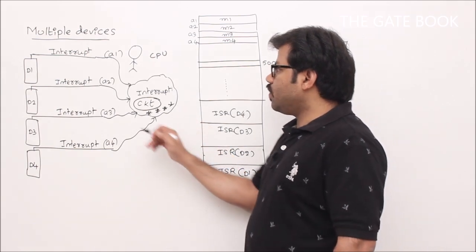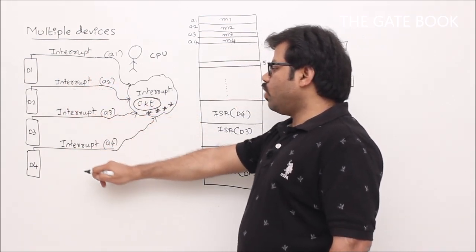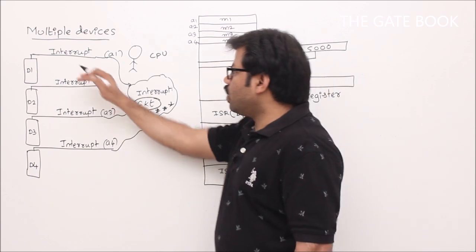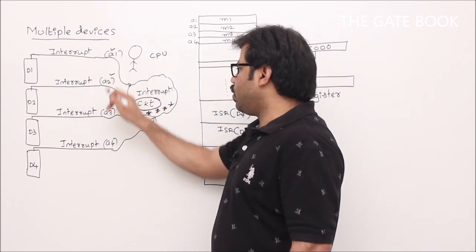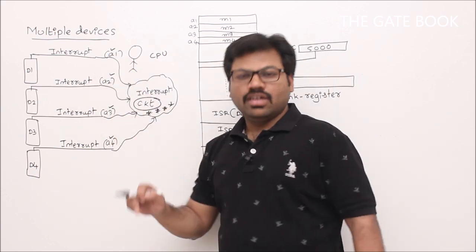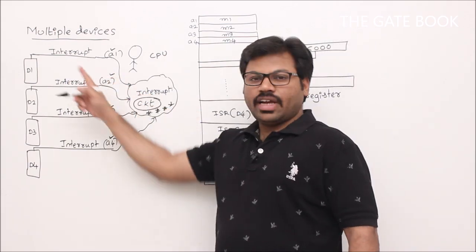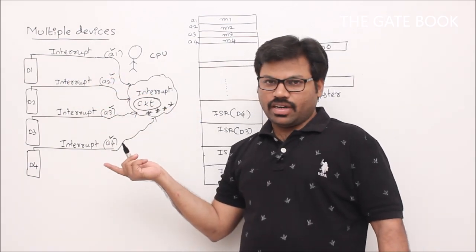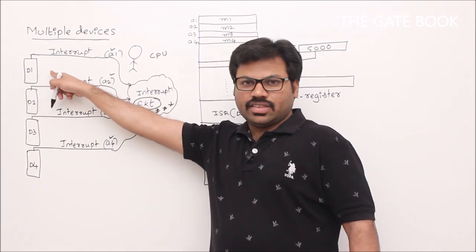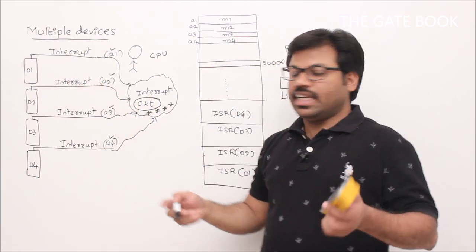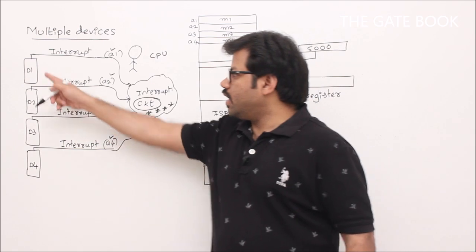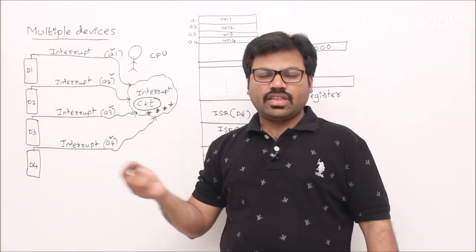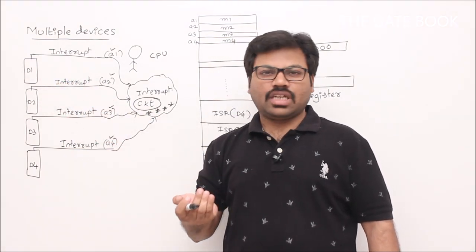The devices are going to know some addresses, A1, A2, A3, A4. What are they? I will tell you. Every device should have some interrupt service routine, that is, how to handle this device. Whenever a device interrupts, we have to service that device, and for that we need software, the interrupt service routine.